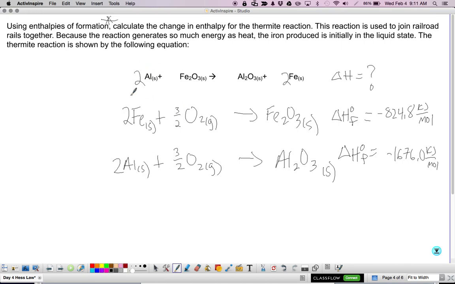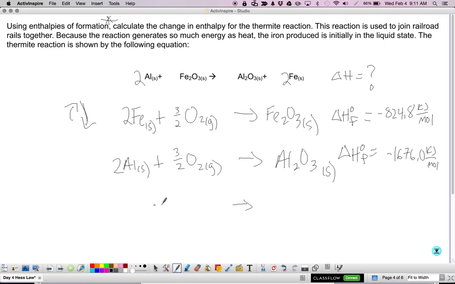So two aluminum. The Fe2O3, I need to be in the reactant side, which means I'm going to need to flip this. And the Al2O3 is fine the way it is. So I'm not going to rewrite this, I'm just going to flip this right underneath.